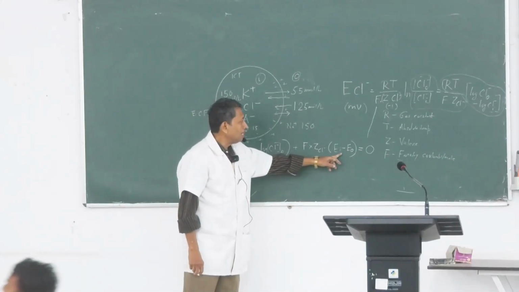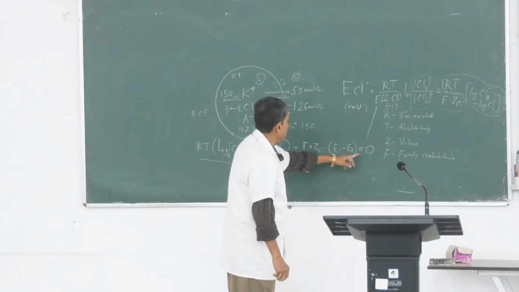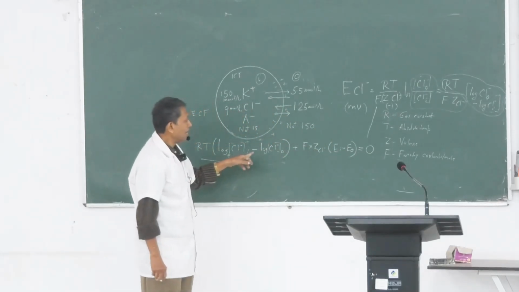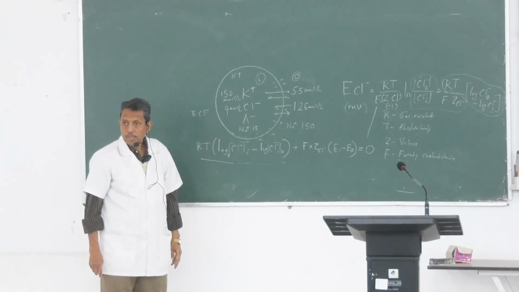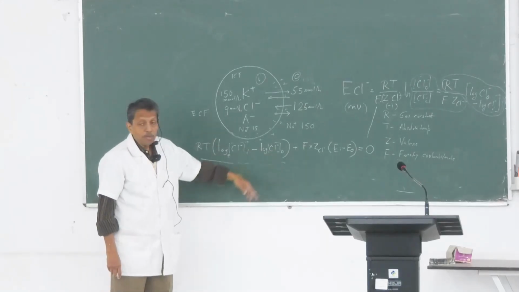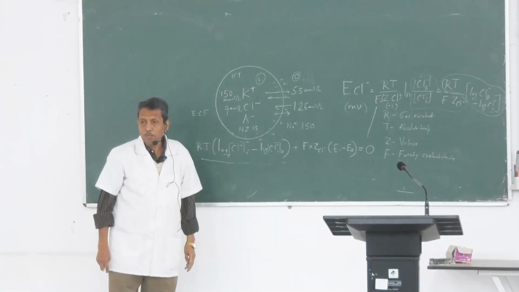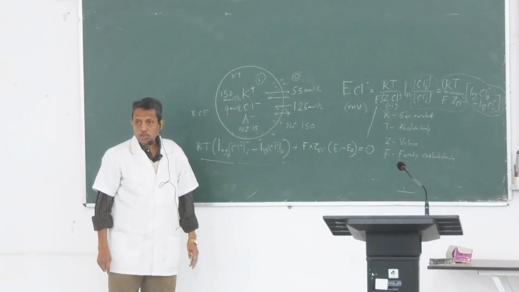So in case of chloride, this ECl, when they are equal and opposite, then there will be no tendency of the molecule, so their sum will be 0.